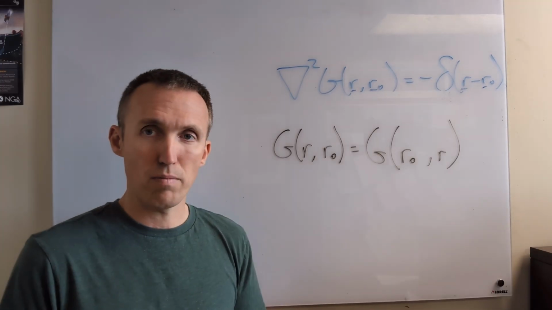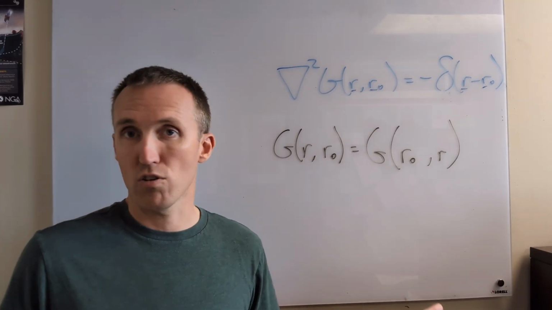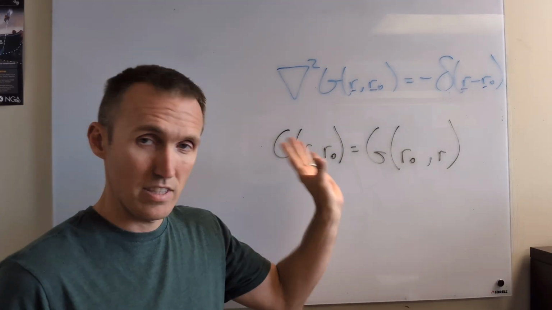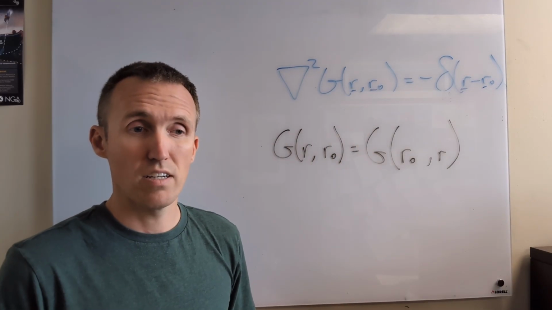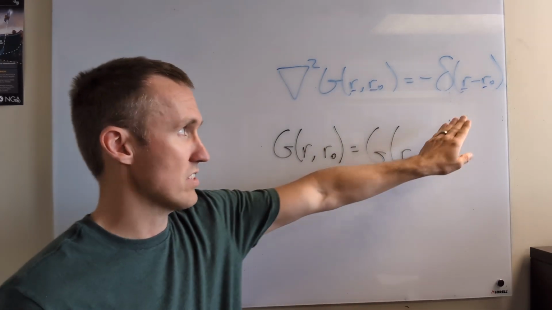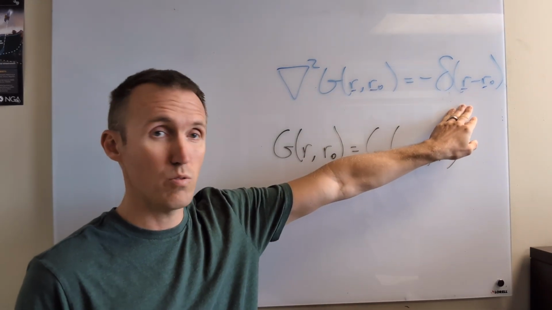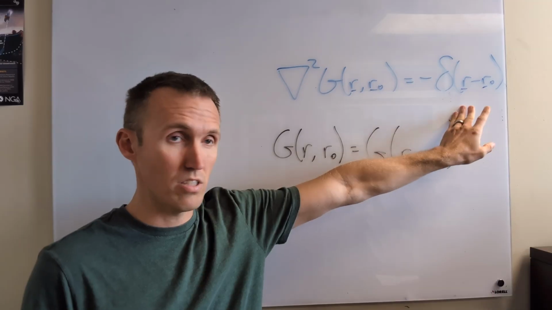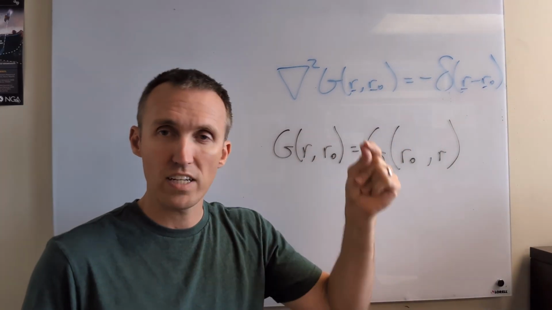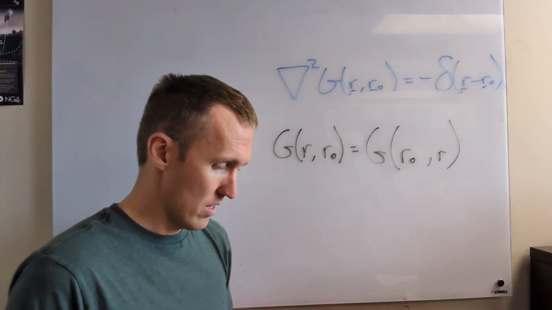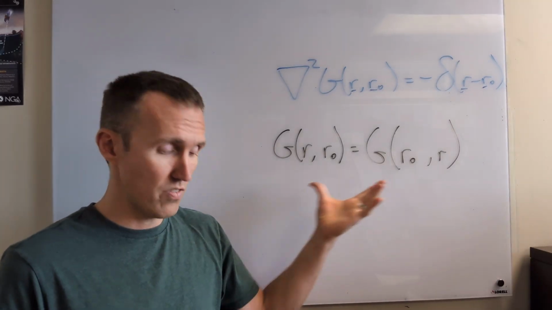So r naught might be like the location of a point mass, for example. And that's going to make sense here because this is a unit impulse at that location. So when r is equal to r naught, we get a unit impulse, and that could be reflective of a point mass there. Right, so here's our Green's function reciprocal symmetry.